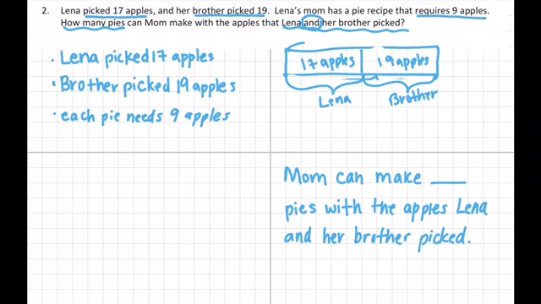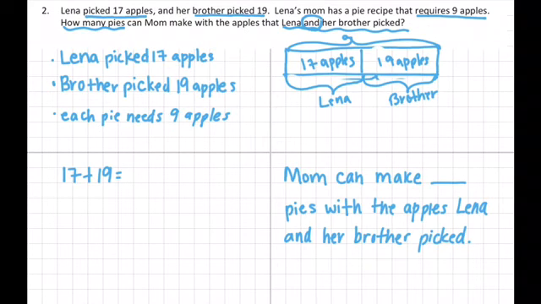And remember, we're solving for the unknown. So we're going to solve for A, that variable, that math word, variable. We're solving for A to find out how many all together. And all together is that key word that I'm looking for. 17 plus 19. So that brings me down here to this section. 17 plus 19.